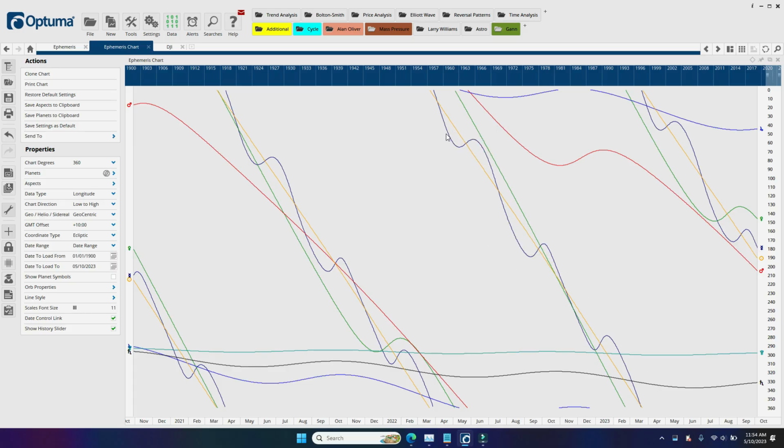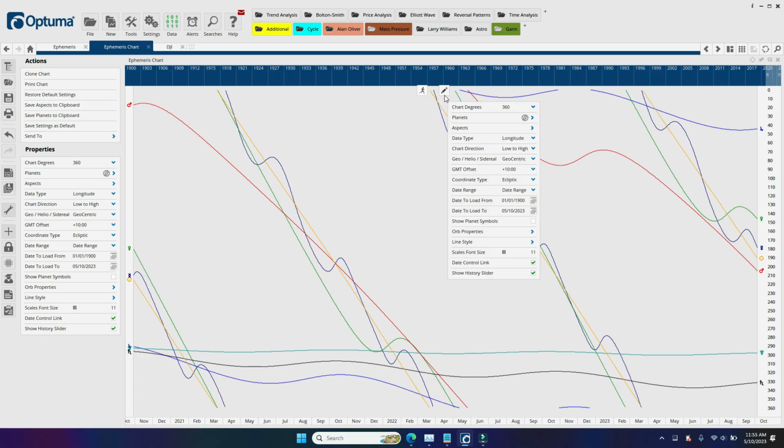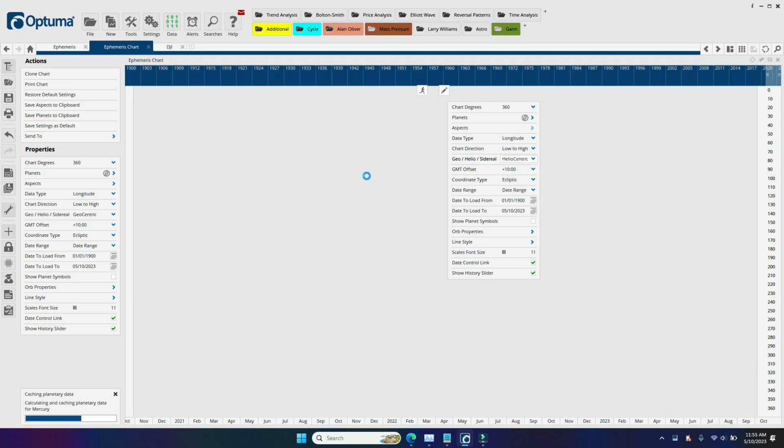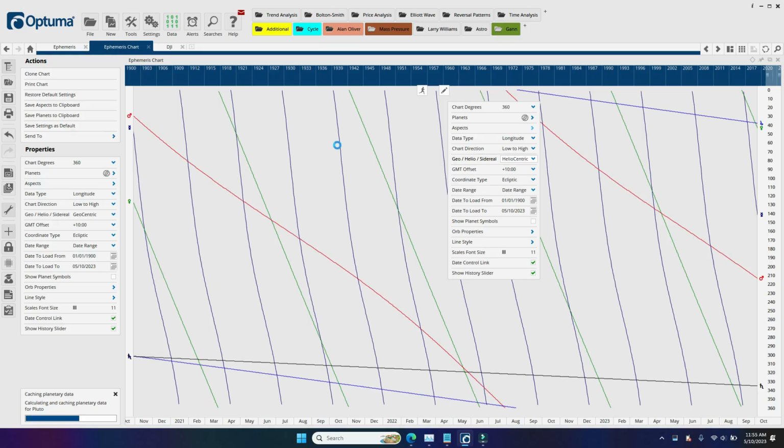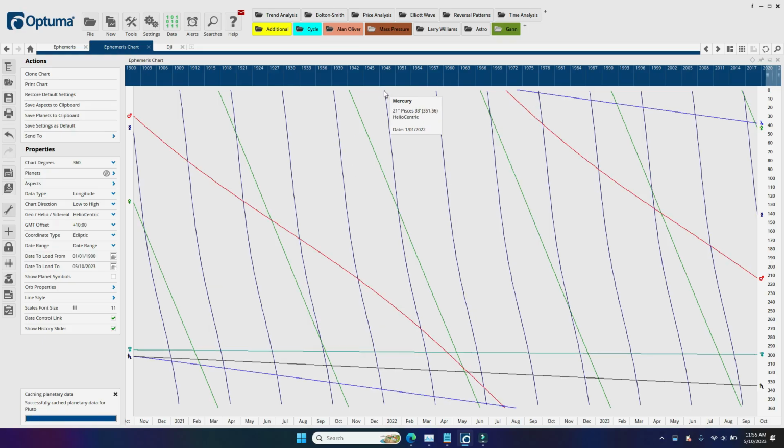Then you have Mercury, which took 88 days. Obviously, this is a geocentric perspective. I'm going to change it to heliocentric to give you that example. When we have heliocentric, we don't get that period where it goes backwards and forwards. So it's going to go from 0 degrees Aries to 26 degrees Pisces.